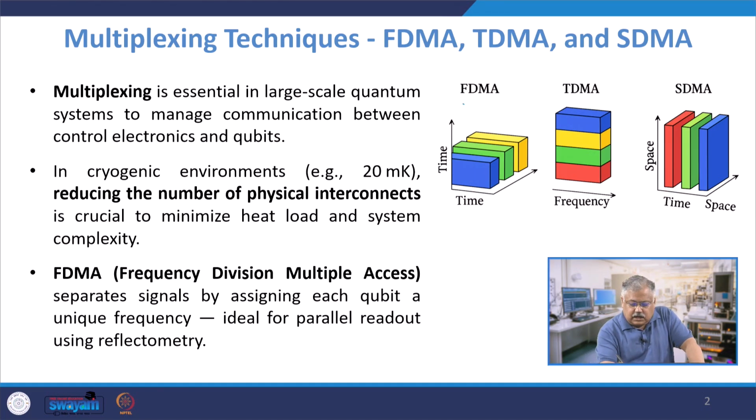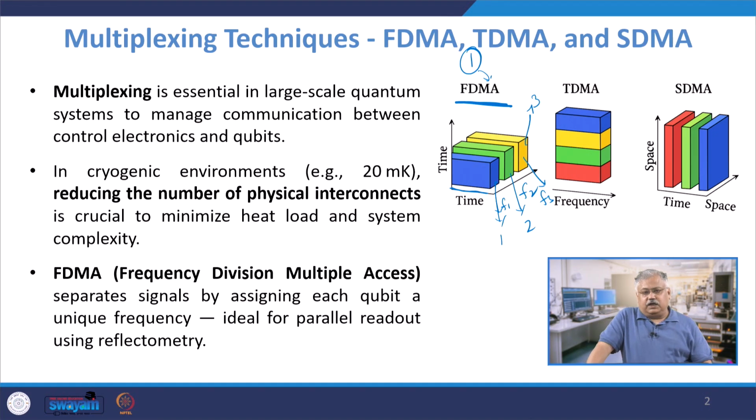Now, this is the frequency division multiple access, which is number 1, let us suppose, and as you can see here, these are the chunks of information, 1, let us say 2, and then this is 3. In the same time, if I send frequencies F1, F2 and F3, so there are 3 frequencies emanating from 3 effectively different qubits in the same time domain, I am able to multiplex in the frequency domain, saying that these are very unique frequencies attached to the signal.